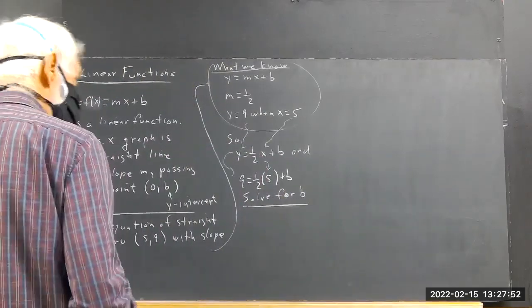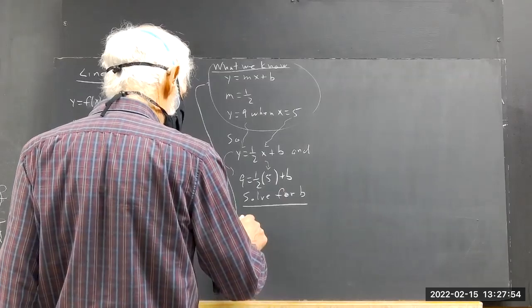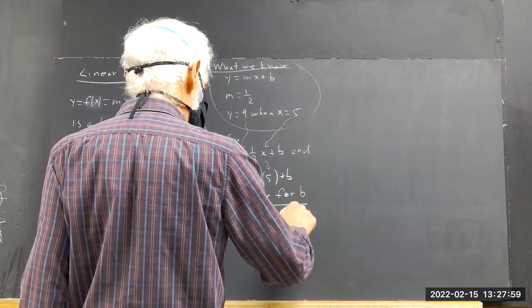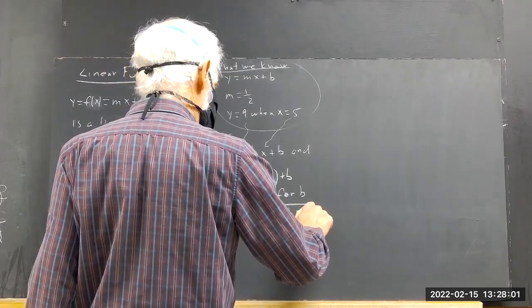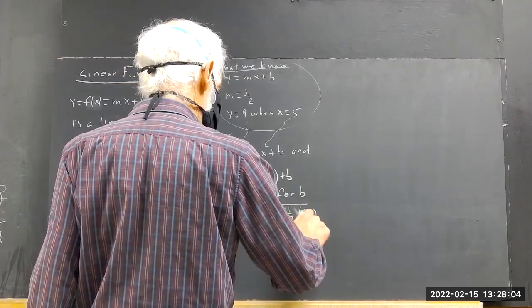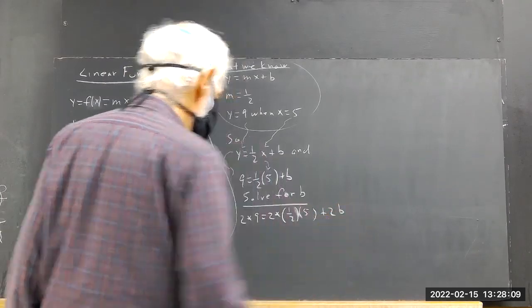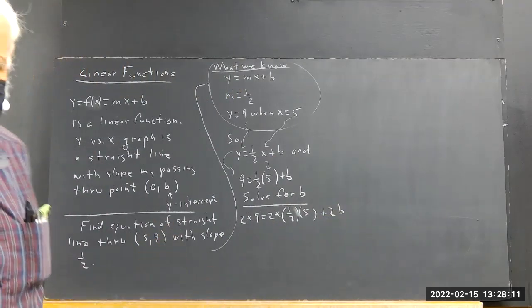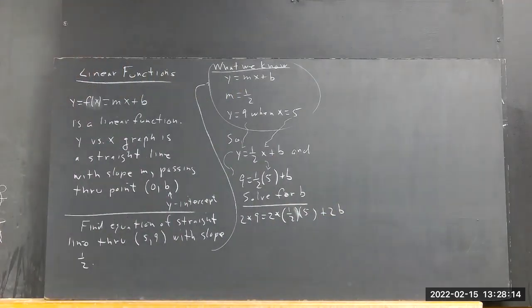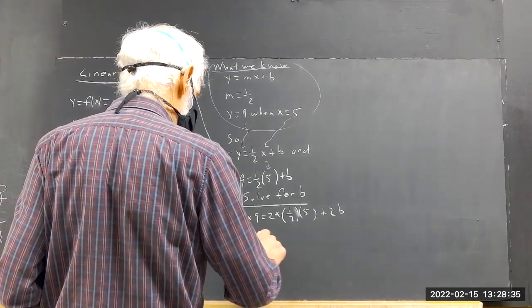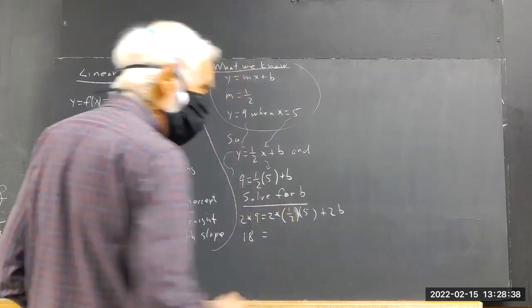Okay, so I'm going to say we do this. We do 2 times 9 equals 2 times 1/2 times 5 plus 2 times b. Now, what basic principle of equation solving did I use there? 2 times 9, you will agree, is 18. 2 times 1/2 is 1, right?